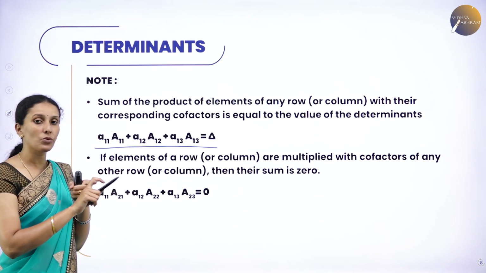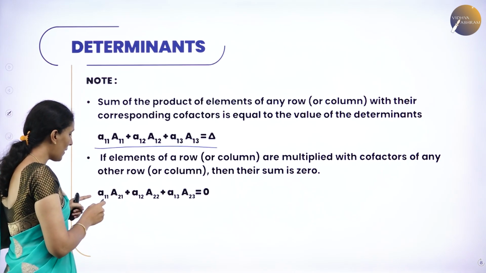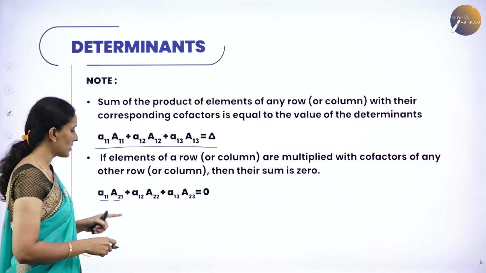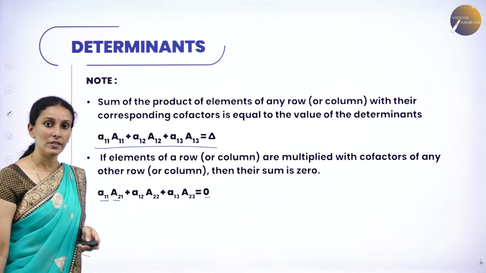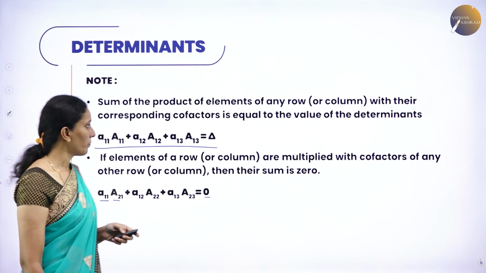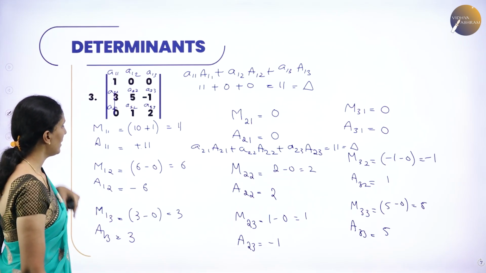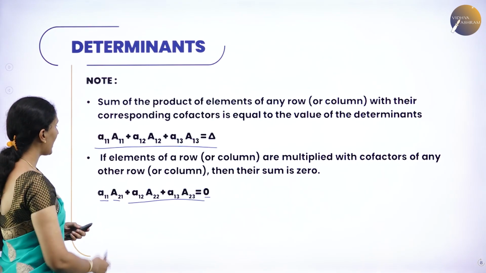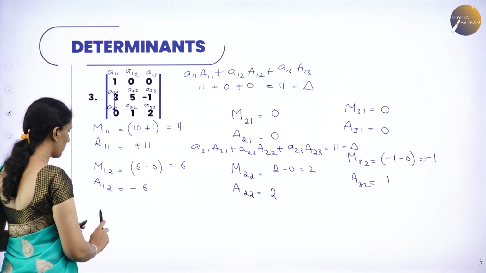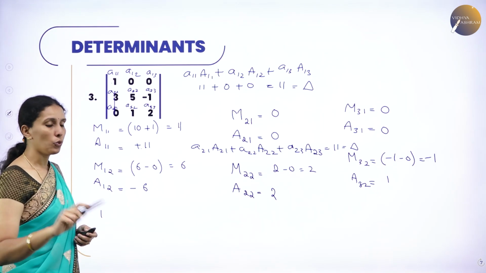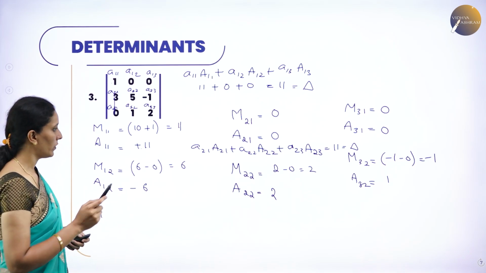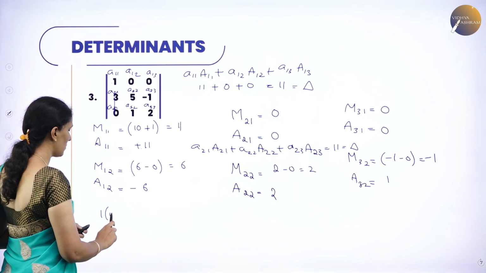But when you take it vice versa, that is when you multiply elements with the cofactors of another row, then the value will be equal to 0. Let us check this also. Now we have A11 as 1. So let me prove this now. Let me take A11, which is 1. Now let me take A21, the capital A21, which is 0.